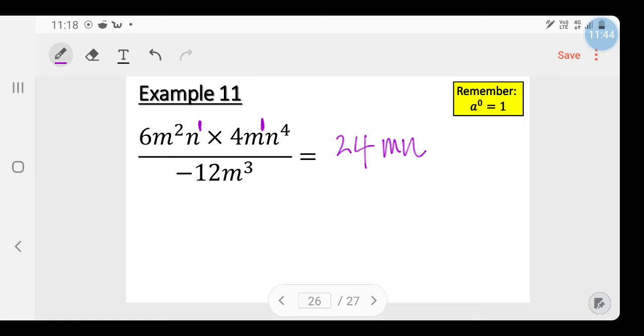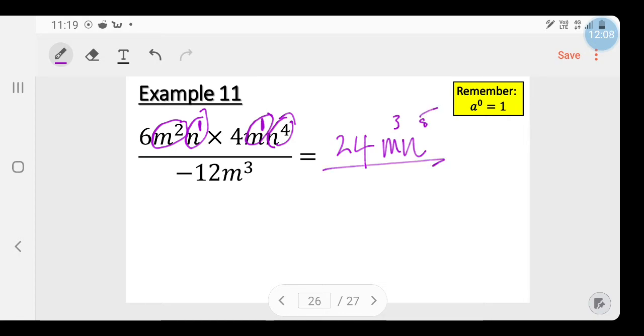And now I add my powers, the first index law. M squared times m to the 1 is m to the 2 plus 1, so m cubed. And here I have n to the 1 and then n to the 4. So 1 plus 4 is 5.